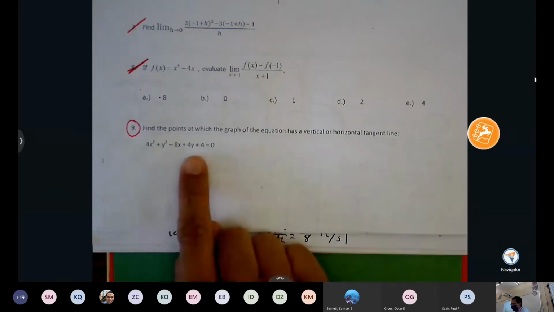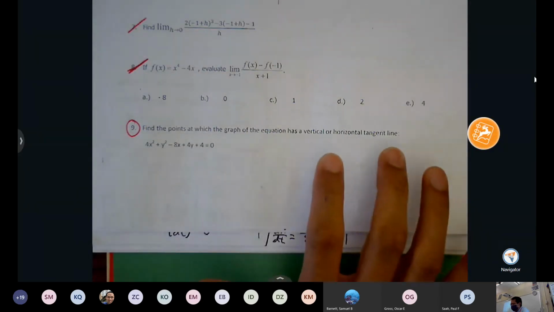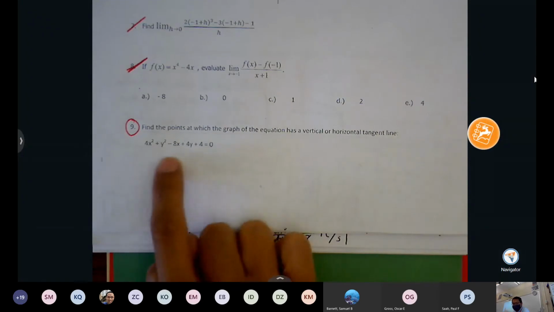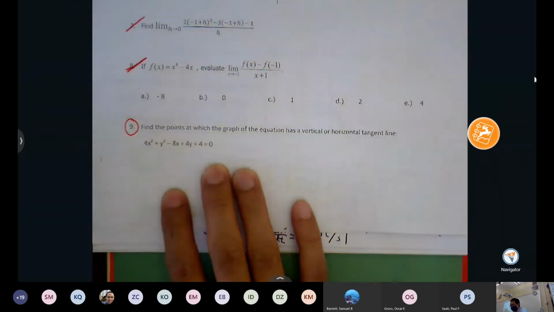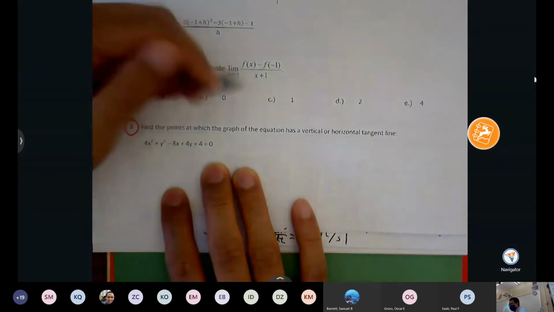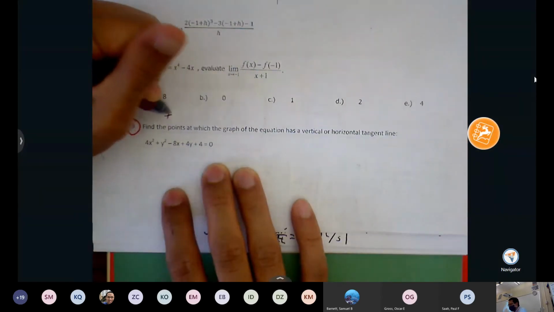So first up, I know I have to involve derivative. But if I look at this equation, I see that this is not a function that we're used to seeing, right? It's not y equals and everything else on the right is x. We have a mixture of y's. The y's are inserted within the x's. So we know we have to involve implicit, right? This is most likely not a function. So we got to do implicit here.